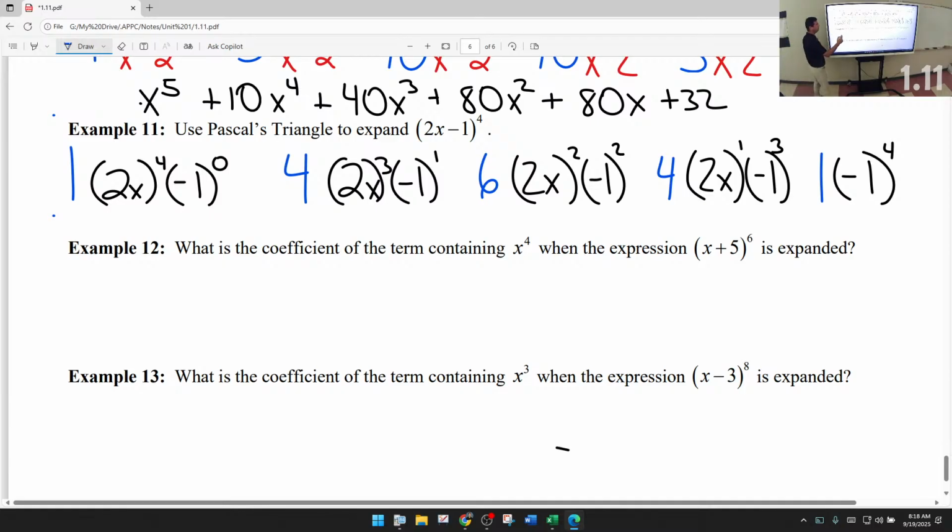So this was 16x4. I almost put plus, but it's not plus because it's going to be minus because you got one negative sign. And 2 cubed is 8, and 8 times 4 is 32. Now I got 2 negatives.